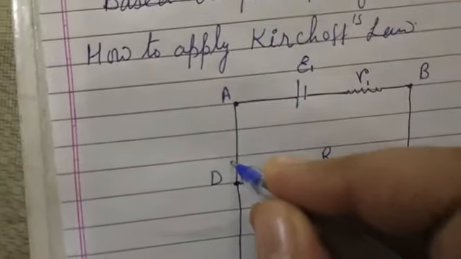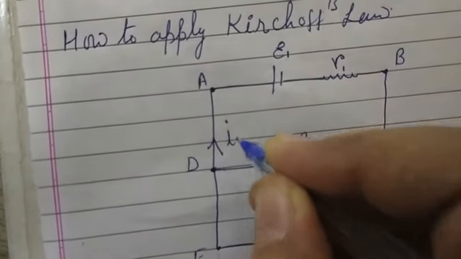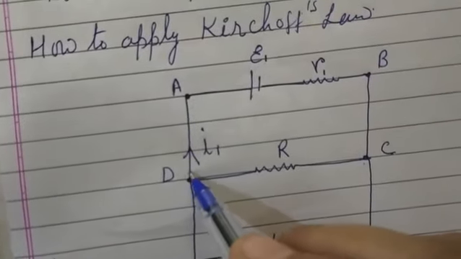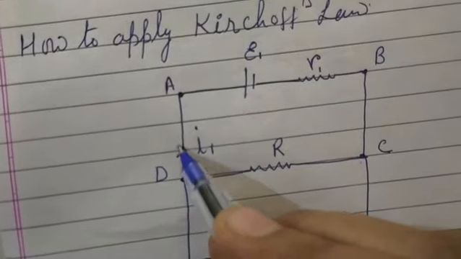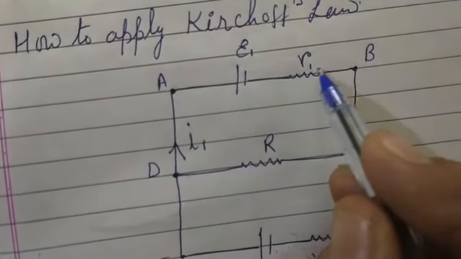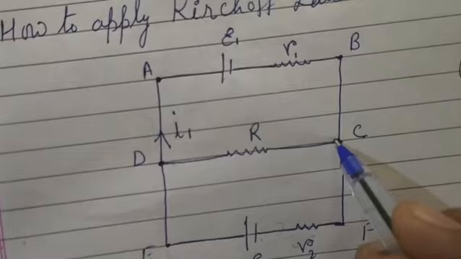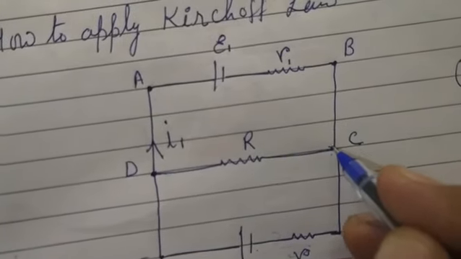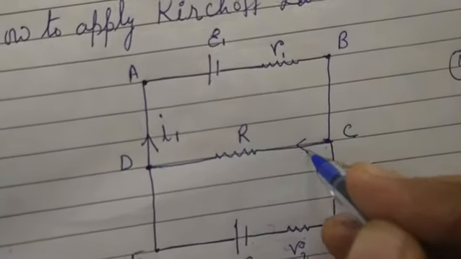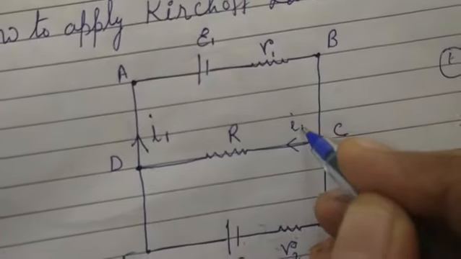If current is I1, so I1 starting from D, the same current will flow and reach point C. After reaching point C, here again how much current is there? I1.